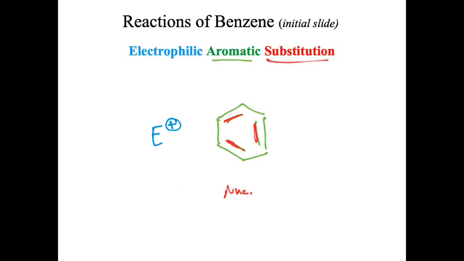The next word in this is substitution, which implies we're doing a chemical reaction. That electrophile must somehow substitute for something in the benzene. Well, what's in the benzene? Hydrogen and carbon. What's going to be the easiest thing to substitute? Hydrogen.